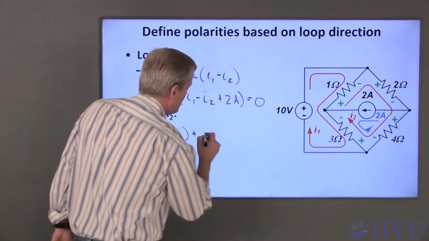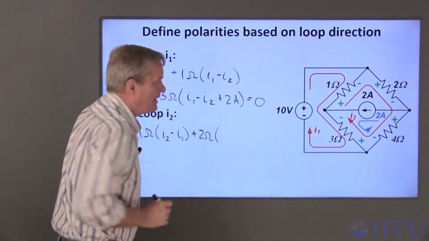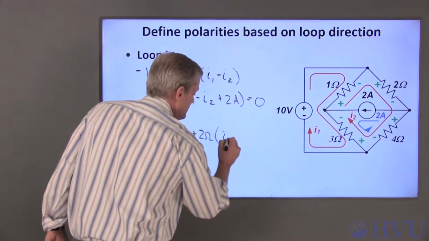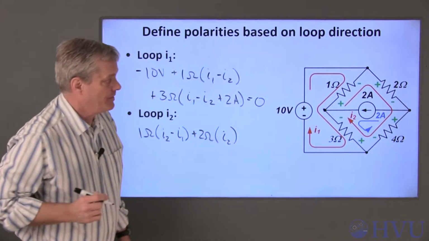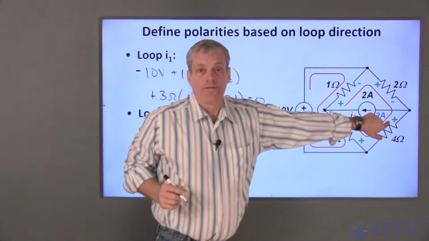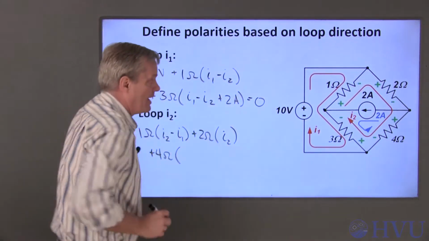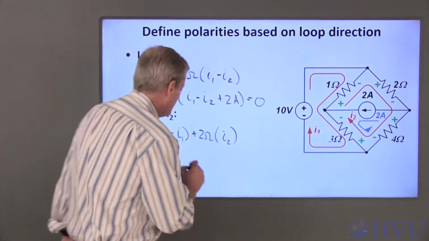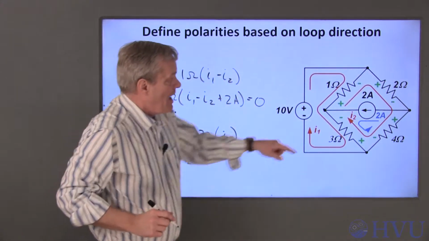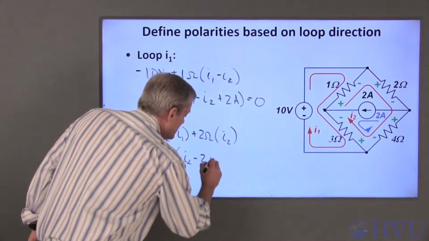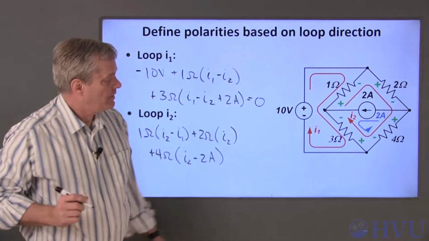I see the positive terminal first, so I add that. The only mesh current going through there is I2. It enters the positive terminal, so it's a positive contribution. For the 4 ohm resistor, I see the positive first, so plus 4 ohms times I2. And the constrained loop is going the opposite direction, so I have a negative 2 amp contribution.